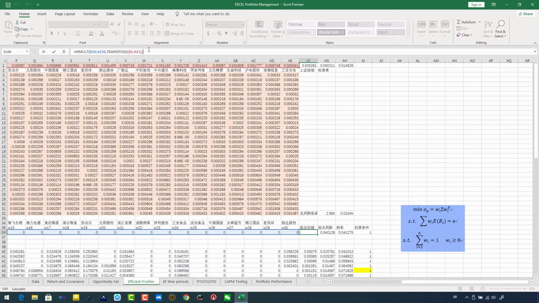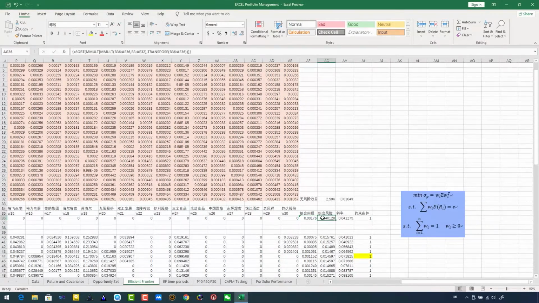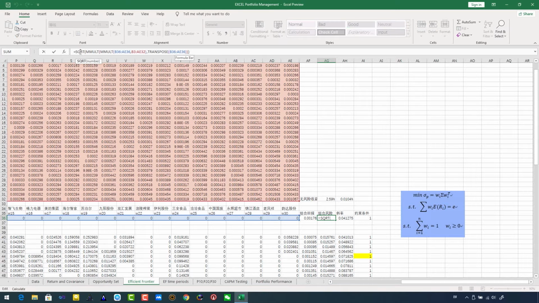And then the risk part is the same as I mentioned. We use square root and MMULT, and then you use the weight here, multiply the variance covariance matrix here, and then multiply the transpose of weight, and then you run it. So Control Shift Enter together.